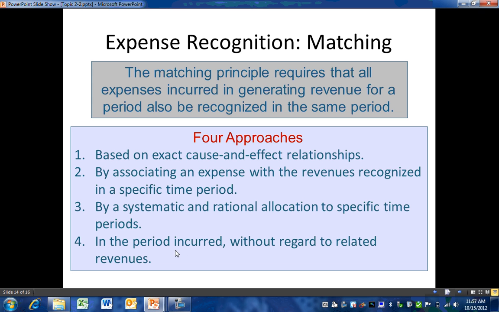We don't know, for example, that when an advertisement is run on TV, whether it directly related to any specific revenue stream that occurred, nor can we make that match between research and development and specific revenue with any kind of real connection, real cause-effect relationship. So these are our 4 approaches to matching.